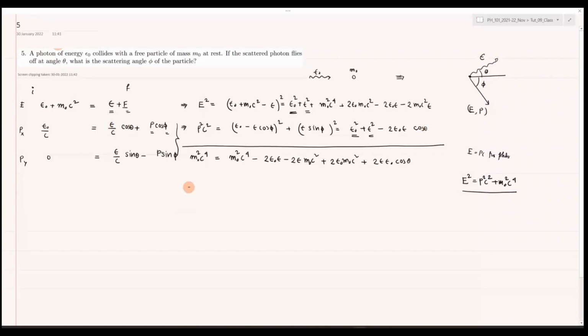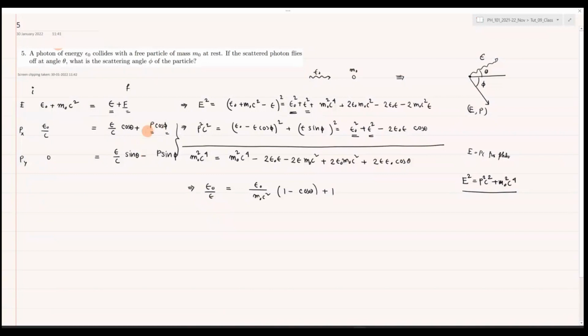Now you simplify it and find epsilon 0 by epsilon. From this equation you will get epsilon 0 by m naught c square times (1 minus cos theta) plus 1. Why are we doing this? Because we finally want to know the scattering angle, right?